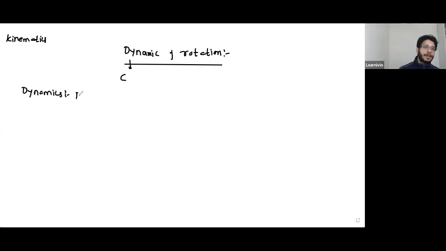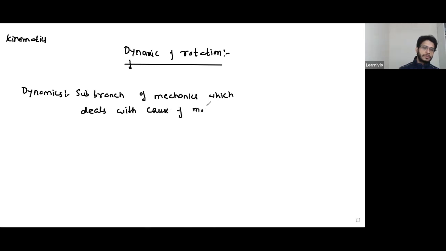Dynamics is a sub-branch of mechanics which deals with the cause of motion. In straight line motion, the cause is force.